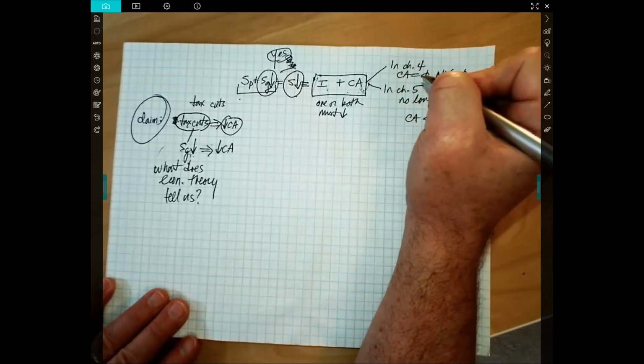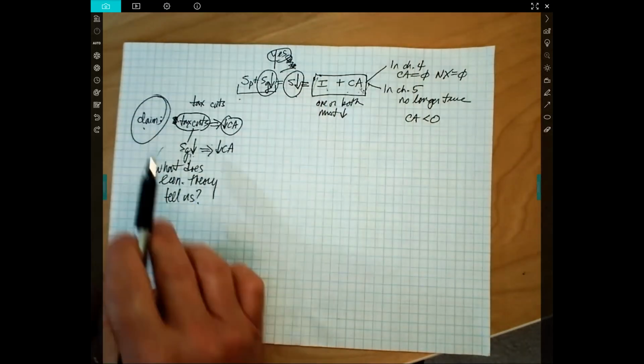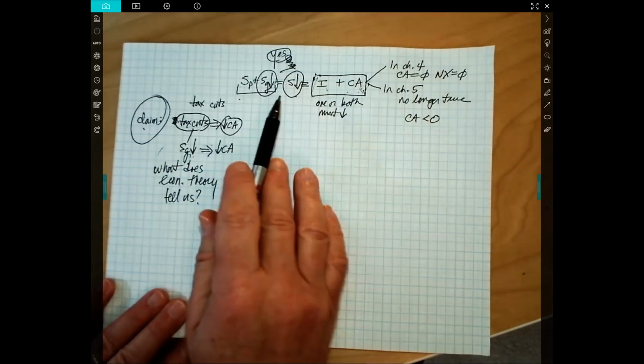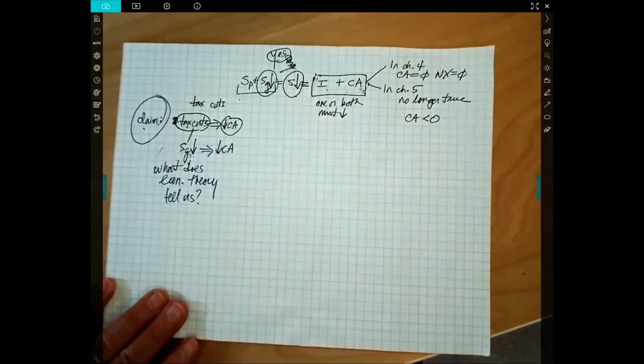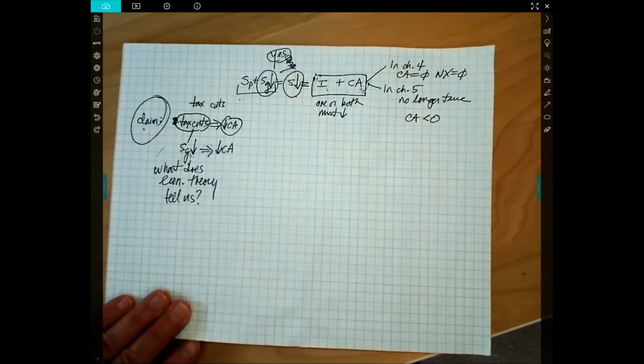So is it plausible? Is the commentator's claim that a tax cut could lead to bigger trade deficits plausible? Yay, nay? What's the question?